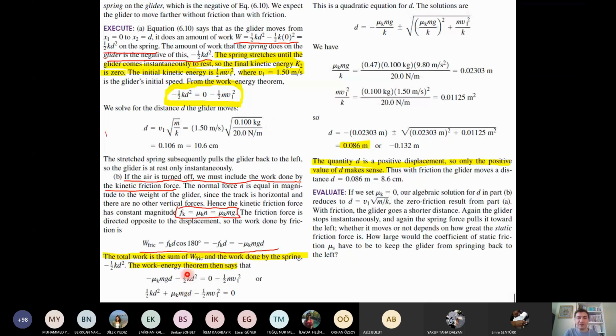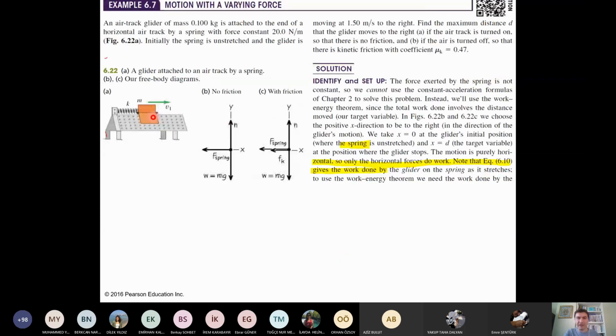So what about the change in the kinetic energy of the glider? Final kinetic energy minus initial kinetic energy. Final kinetic energy is 0 because after a certain distance d, the glider stops. So it has no kinetic energy here at the maximum distance.